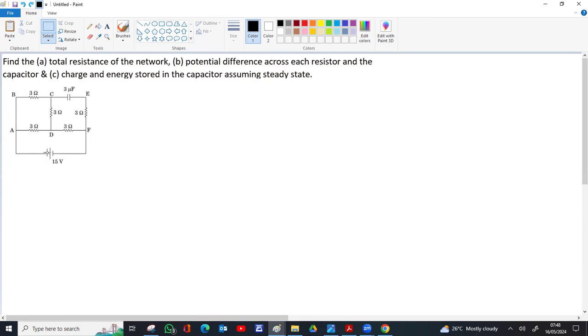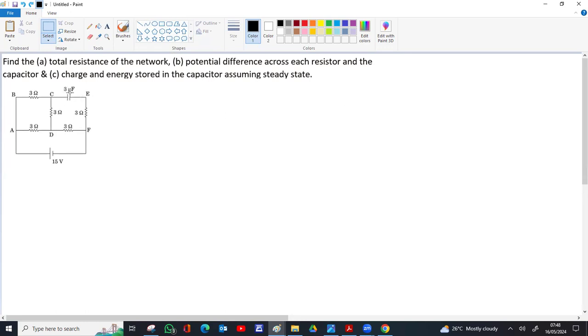Initially, for a fraction of a second, which happens very fast, the capacitor becomes charged. During that charging time, current will flow through the capacitor branch. Once it is fully charged, no current flows through the capacitor.